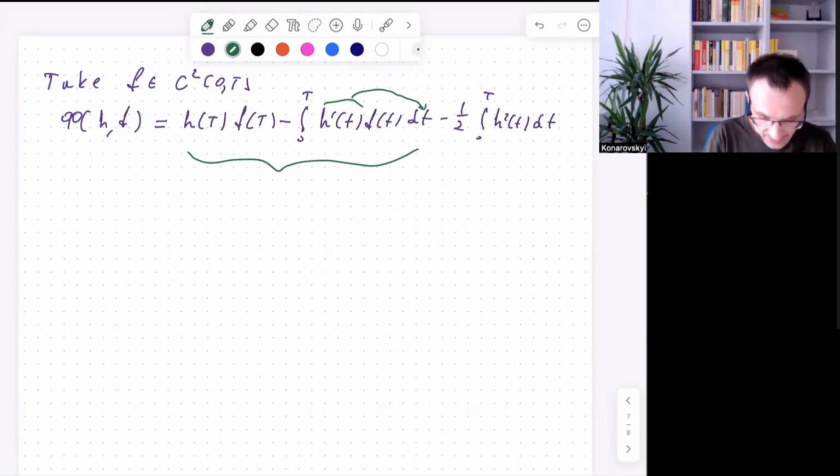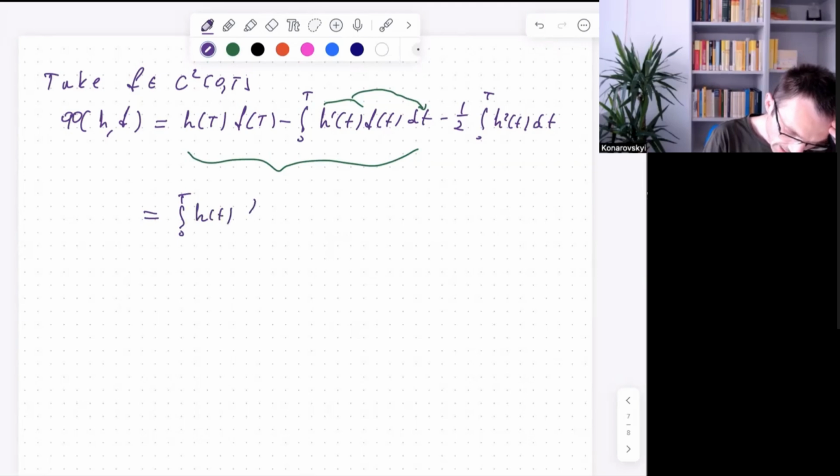You will have df, dh, and then you can integrate by parts. Here, all functions are continuous, and also differentiable. So the integration by parts formula gives you the integral from 0 to T of h of t f prime of t dt. It is that part.